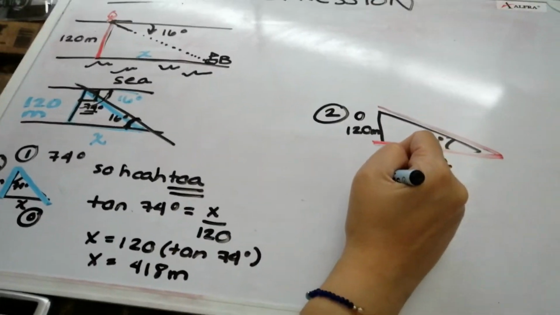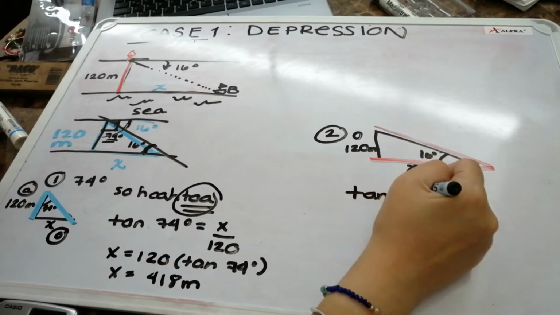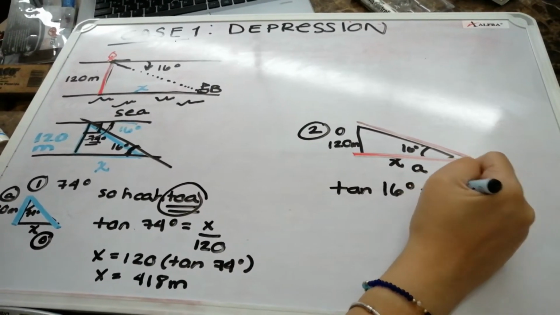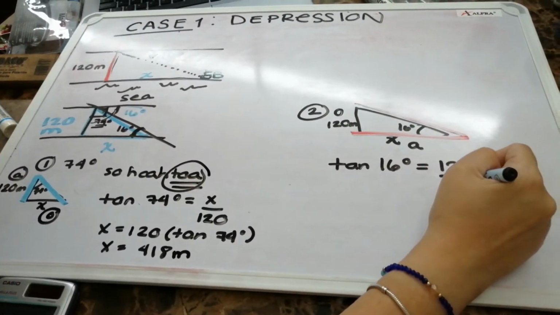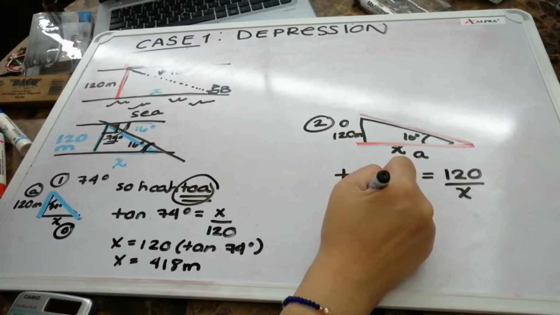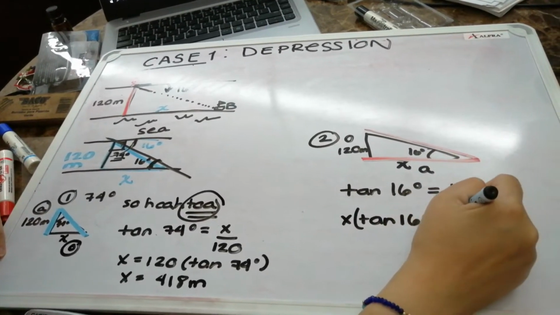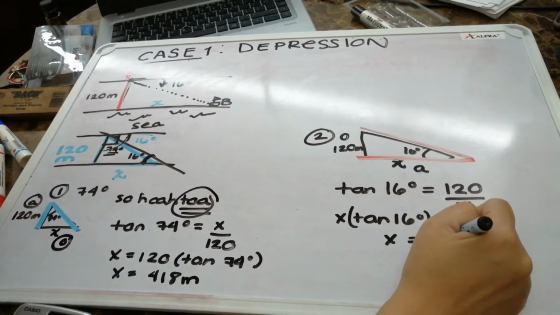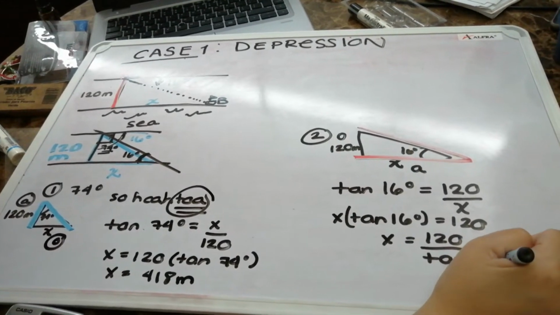Again, I use tangent, TOA: tangent of 16 degrees equals opposite, which is 120, over adjacent, which is x. X is in the denominator, so it goes to this side, multiplying the trigonometric ratio. And then to clear for x, I send the trigonometric ratio dividing the 120.